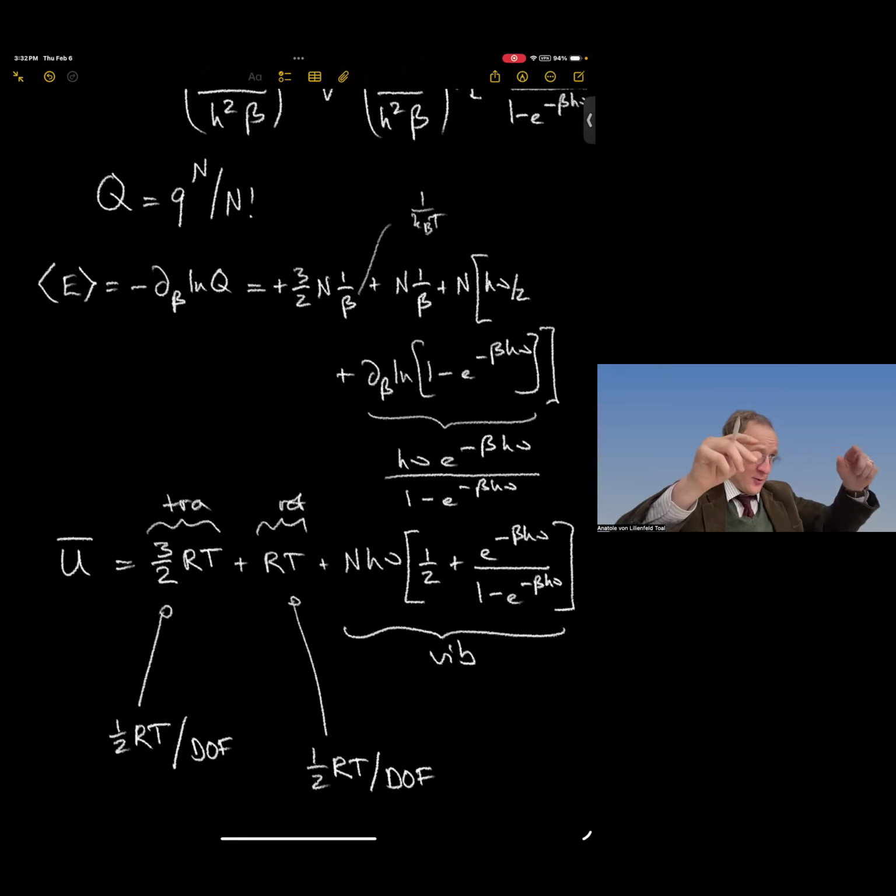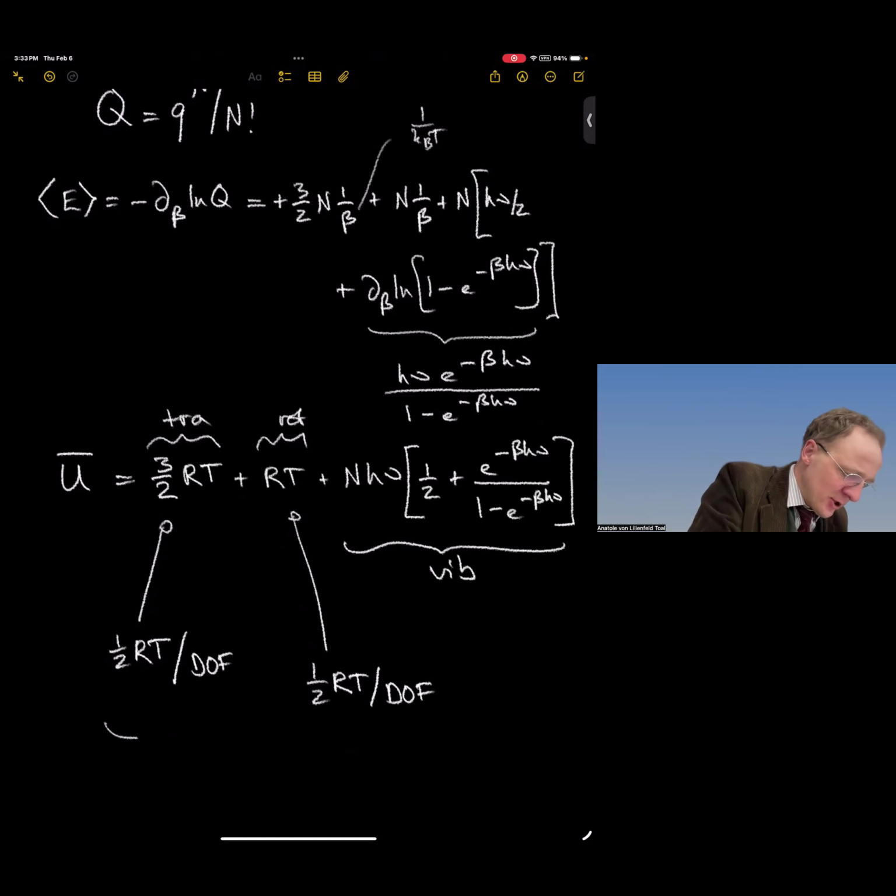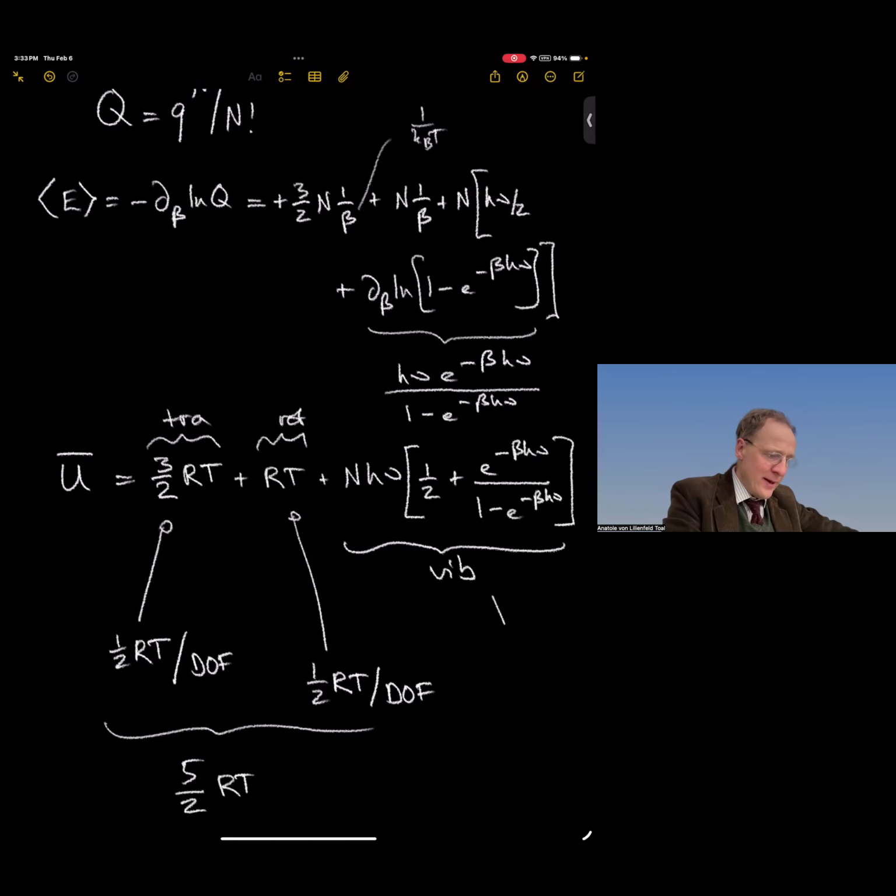But if I rotate around the axis of the rotor, my system is invariant and it will not contribute. So we discussed the number of degrees of freedom as a function of the dimensionality earlier on already. So this is such a case. So in total, these give me 5/2 RT. And then I have 1 degree of freedom for my vibration.